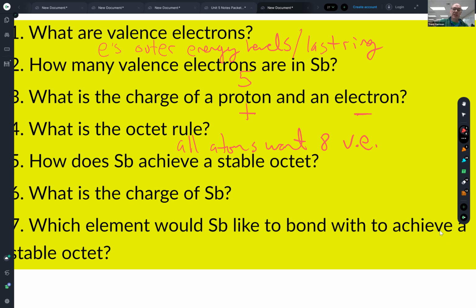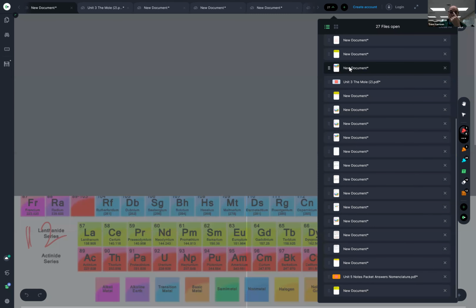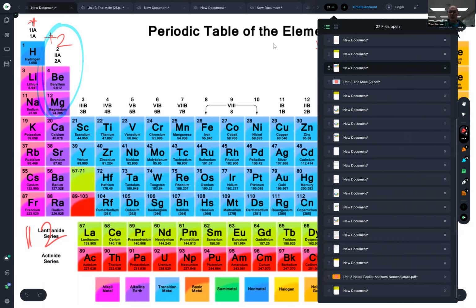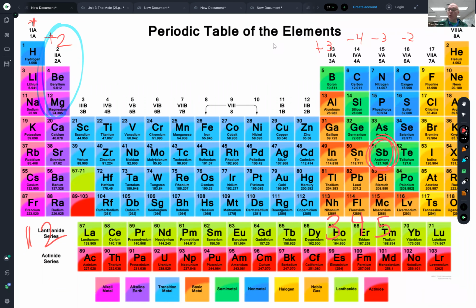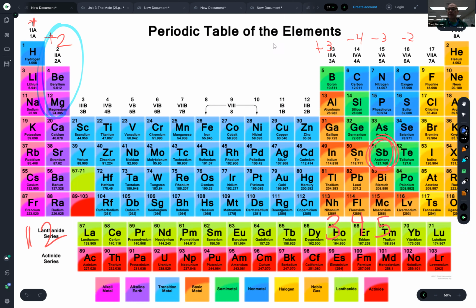How does Sb achieve a stable octet? Let's go back and look at where it is. Antimony has 2 choices. It can either lose the 5 valence electrons that we have, or it could move. Let me get a color that you can actually see.